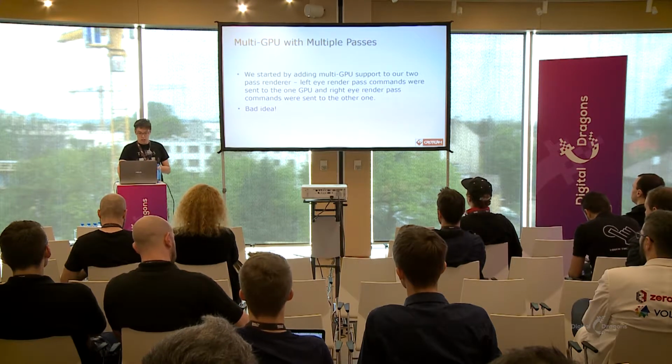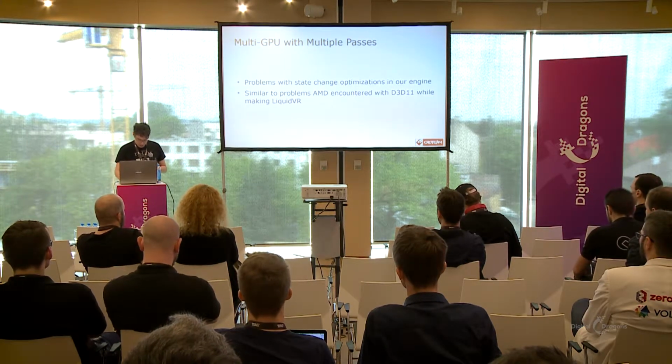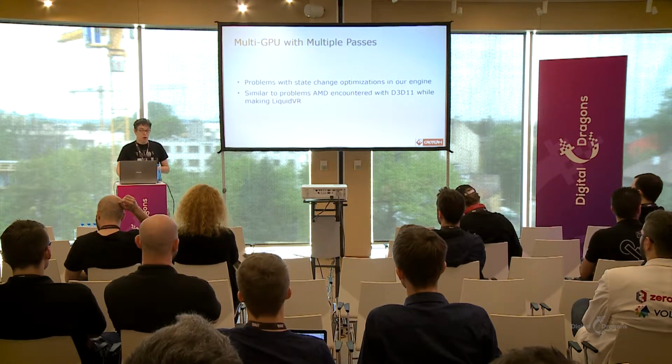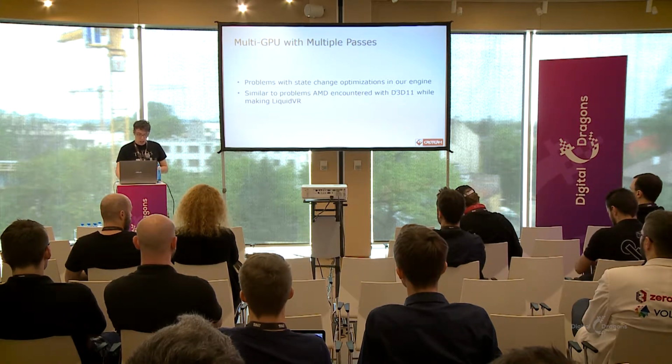Unfortunately, what we got was a complete mess. The reason for this is that our engine has many optimizations about state changes. So we don't do a state change if that state is already set. This is usually great, but it caused us huge headaches.